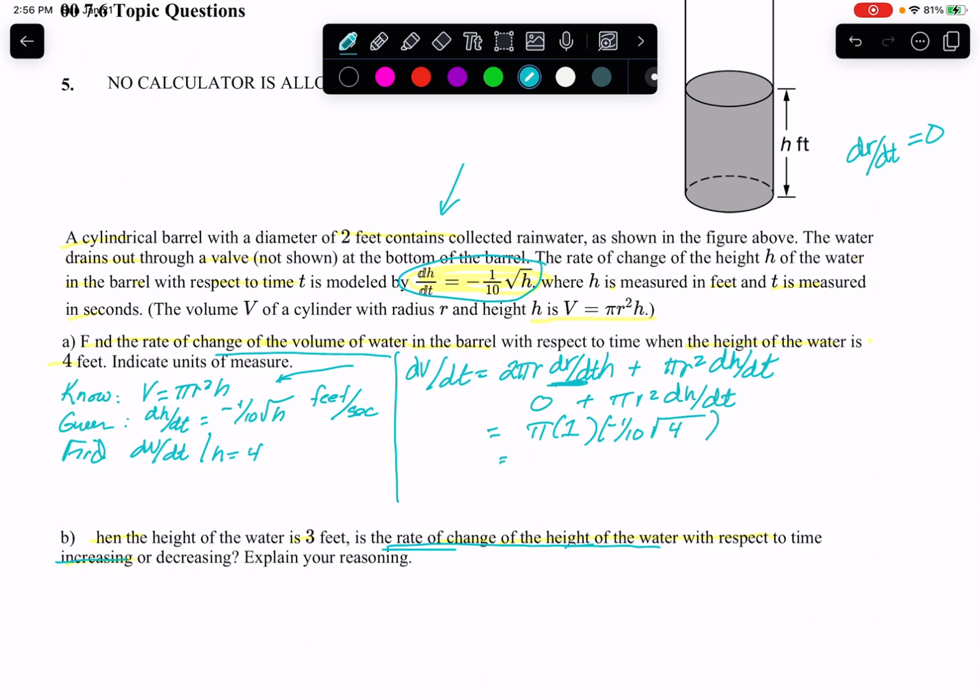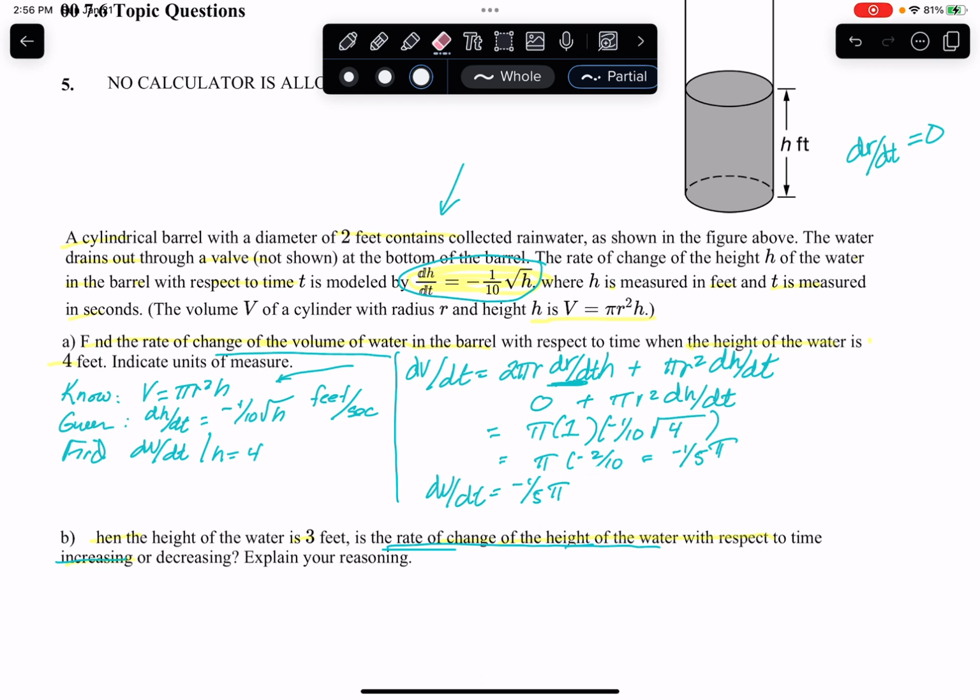So we get pi times negative 2/10, so negative 1/5 pi. So the answer is dV/dt is equal to negative 1/5 pi, and we want the rate of change of the volume, so that would be feet cubed per second. All right, so there we go, part A.